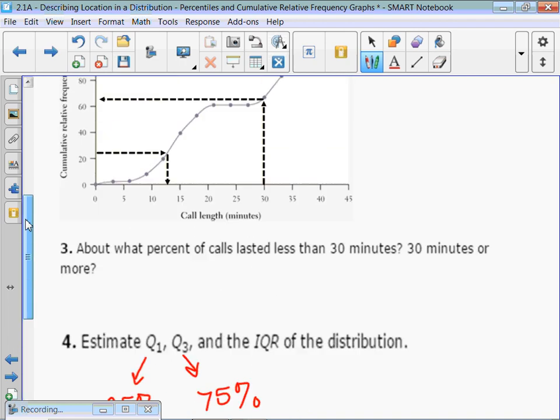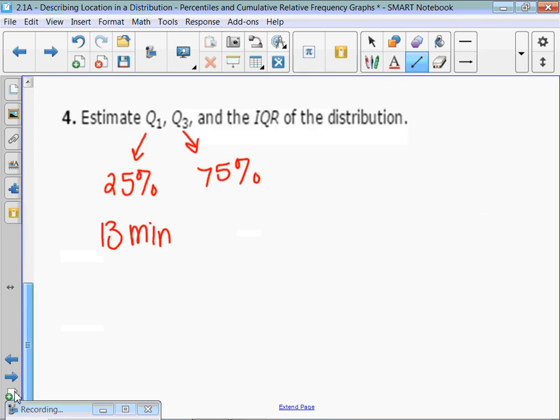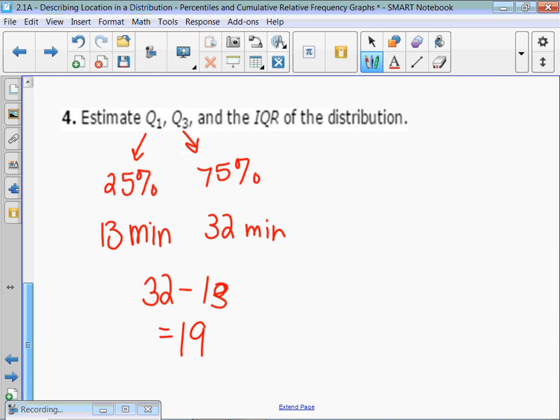And 75%, so start with your percentiles. 70, 75. Someone who can see, what do you guys think? 32, okay. And so what would the IQR be? Oops, 32 minus 13. 19 minutes. So IQR is Q3 minus Q1.